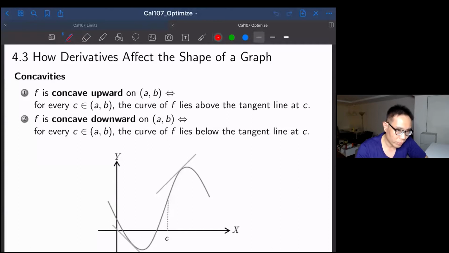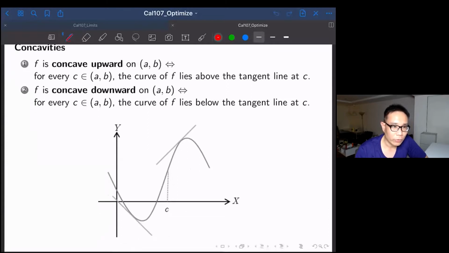Okay, so you see from this picture the curve y equal to f(x), and if you draw a tangent line, this is your tangent line. The thing that you see is that your curve lies above the tangent line, up until the point c.